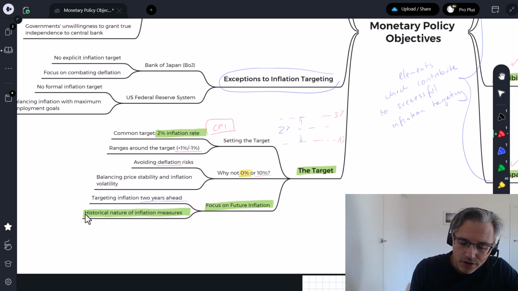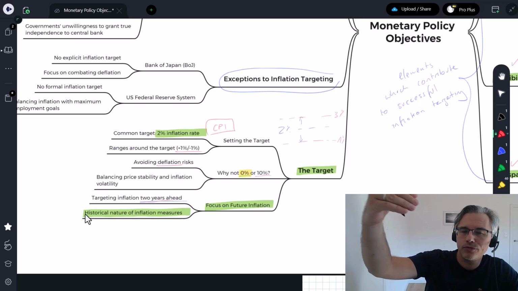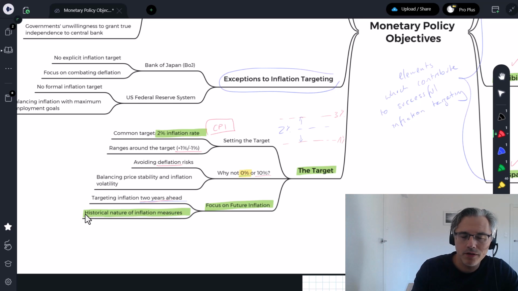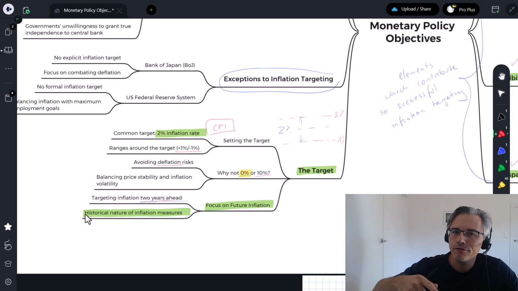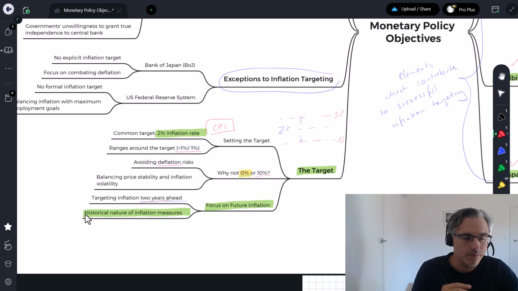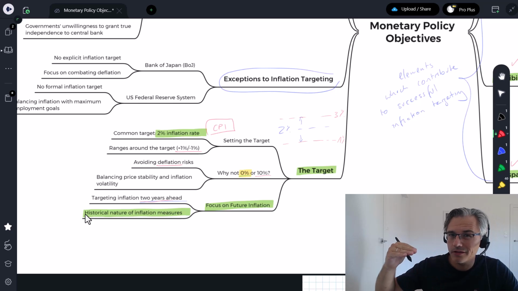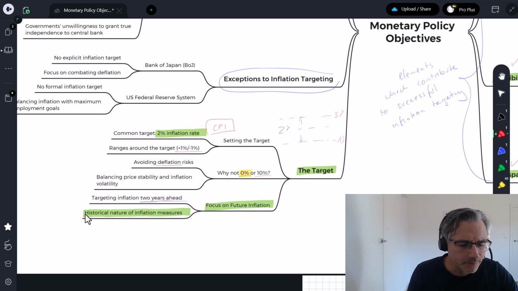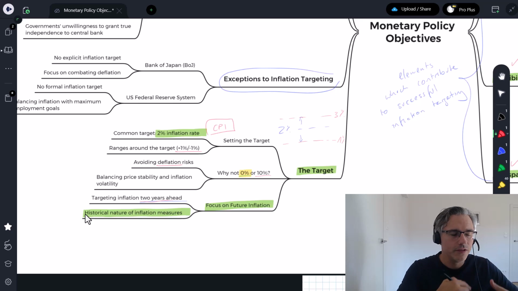Why do we target inflation 2 years ahead? Remember, we talked about this in the previous video, there is something called monetary policy transmission. So if we take certain decisions, for example, concerning the level of interest rates, making them higher and therefore tightening conditions, or lower and therefore creating a looser environment, the effect of those decisions will not be felt in the economy immediately.